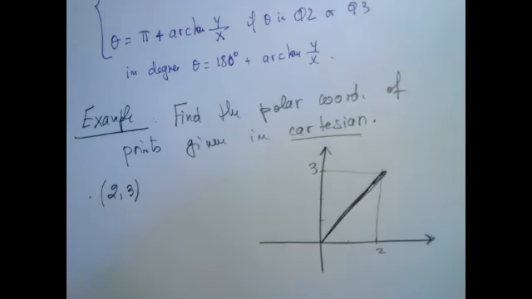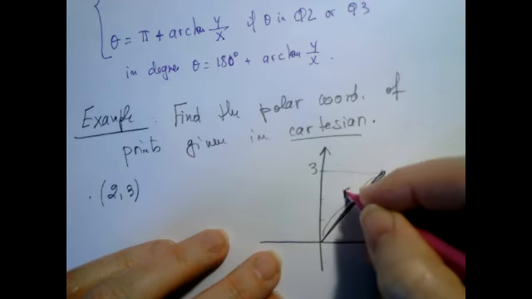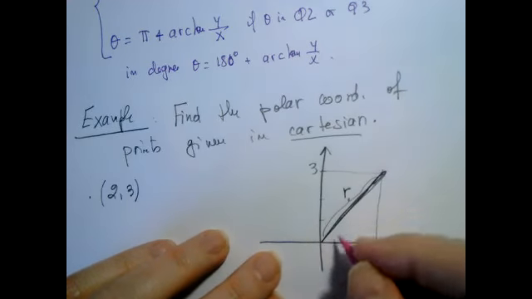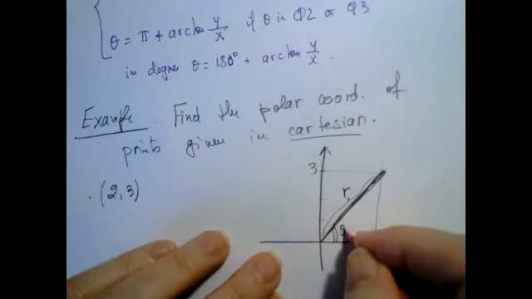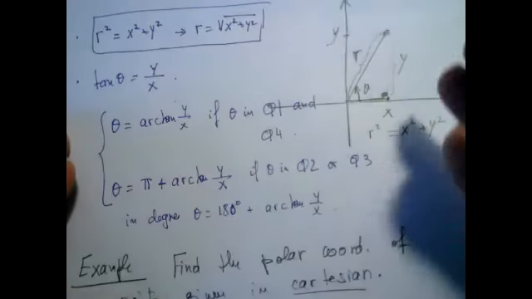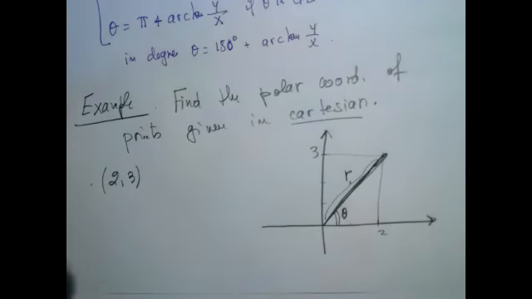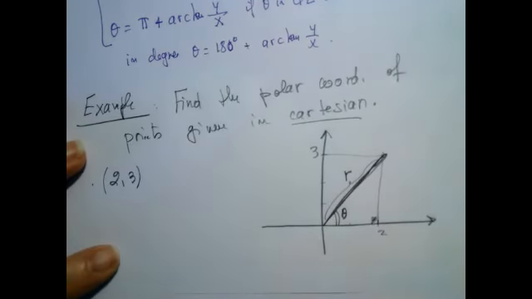I want to find the polar. It means I need to find r, which is from here to here, and I need to find the theta. Okay, that's really what I need to find. So if we understand it, actually, we don't have to memorize any of this stuff. We just have to look at the picture. Okay? So let us find r. We're using actually Pythagorean theorem.